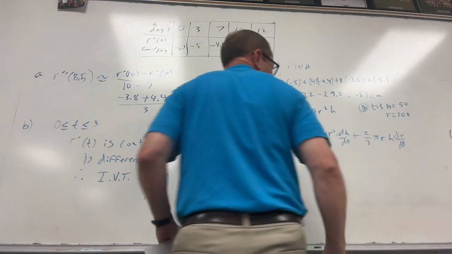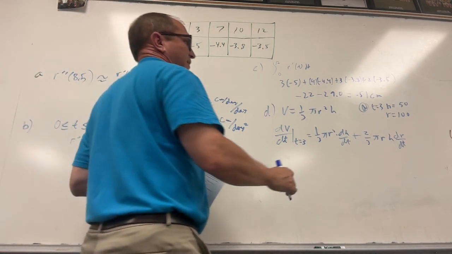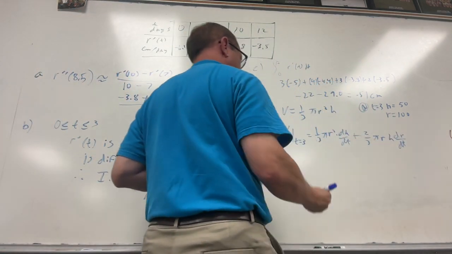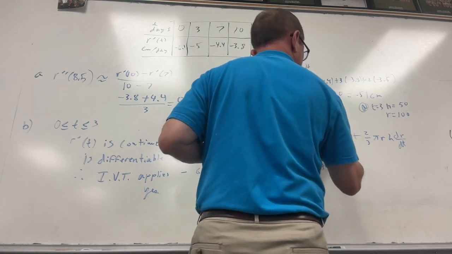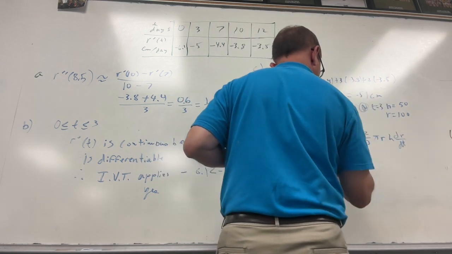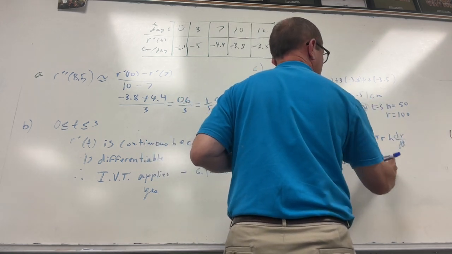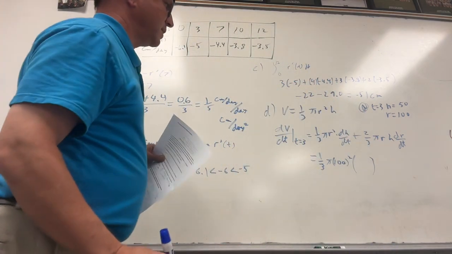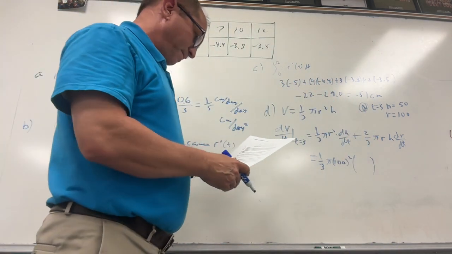Now, based on this, we'll start plugging stuff in for the specific time of t equals 3. Well, we have 1/3 pi times r, and our r at this instance is 100, so it's 100 squared times dh/dt, and dh/dt at this point is negative 2.